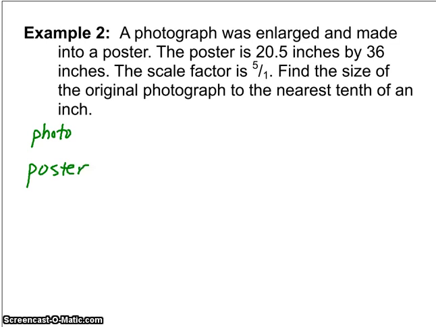The poster's dimensions are 20.5 by 36. Given this information, we also know that the scale factor is 5 to 1, and again, that's given to us up here.